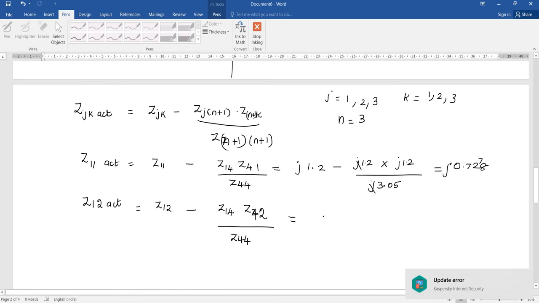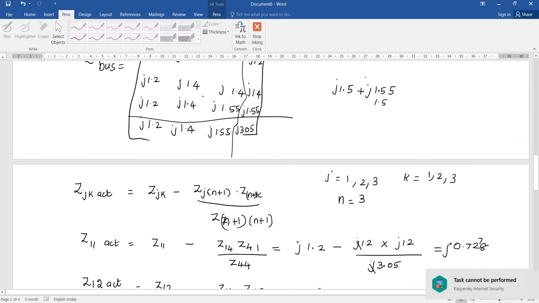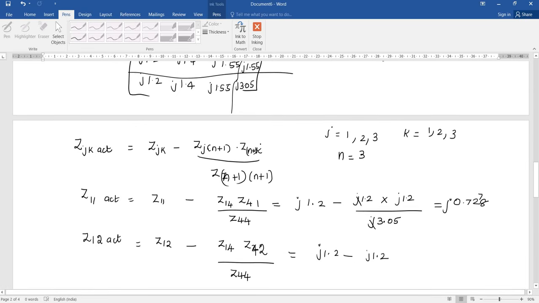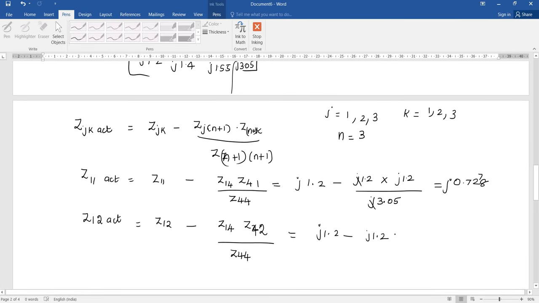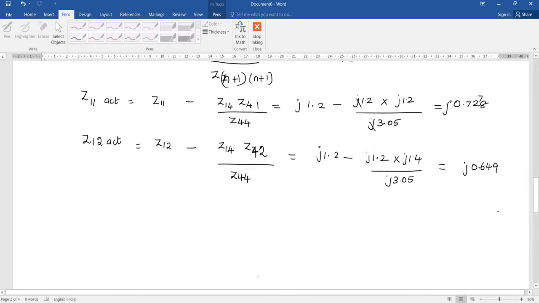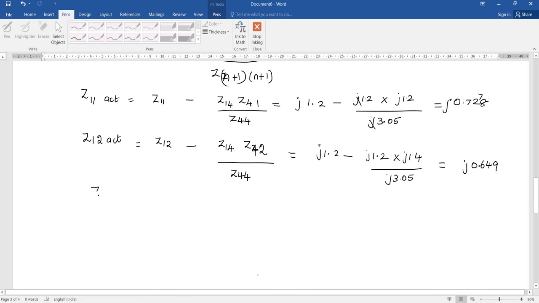That is equal to what? j1.2 minus, what is Z42? Z42 equal to j1.4, j1.4 divided by j3.05. If we calculate this, we get j0.649.